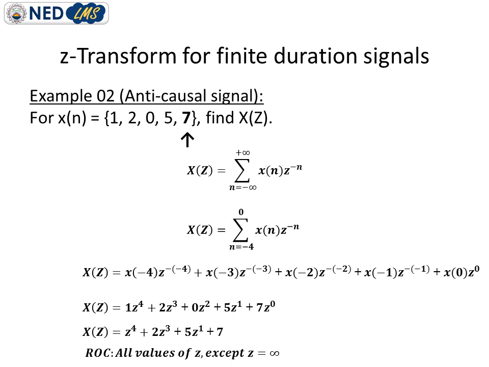As you all know, n can be of any negative value as well as 0, because it is an index position, or it can be a positive value. As it is an anti-causal signal, n is varying from negative infinity to 0, and for negative infinity, the exact value is n equal to -4, as it is a finite duration signal.